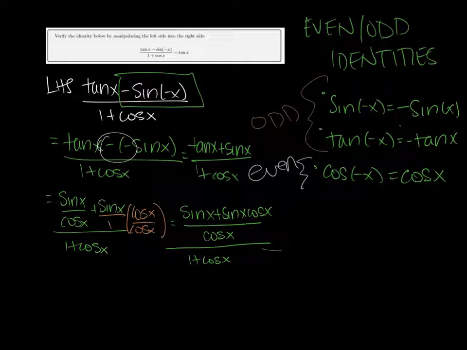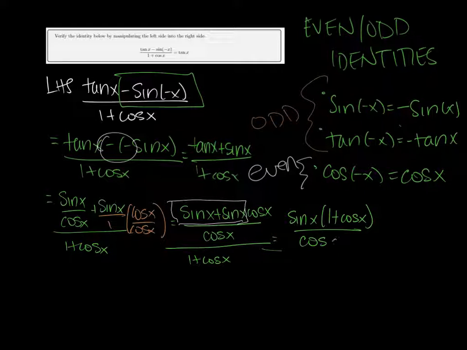So we're going to look at the numerator for a minute, and you can see that there is a sine in both terms of the numerator. So we can factor that out. So the numerator becomes sine x times 1 plus cosine x. That's still over cosine x. Now notice that I'm dividing here by 1 plus sine x.